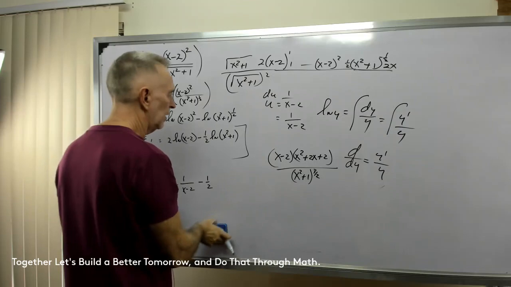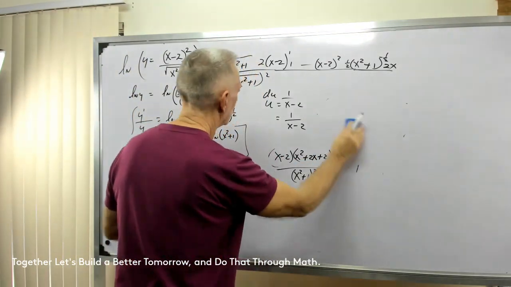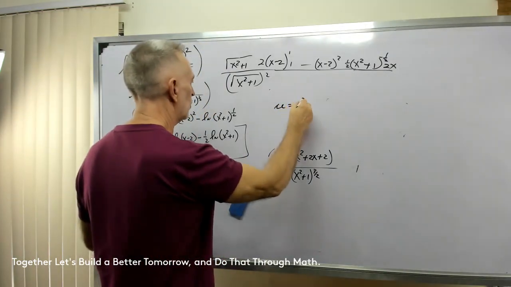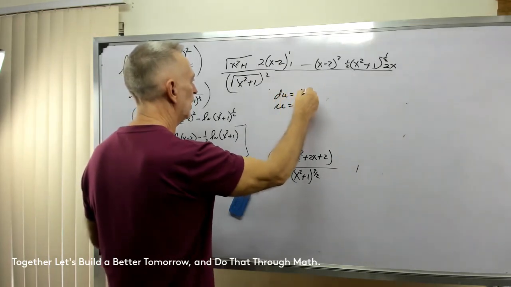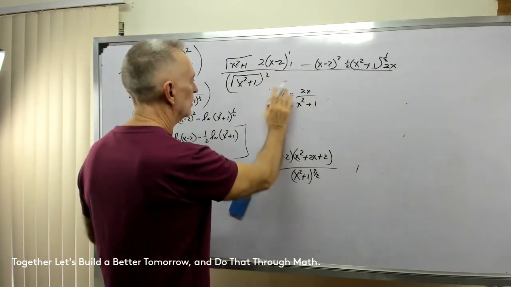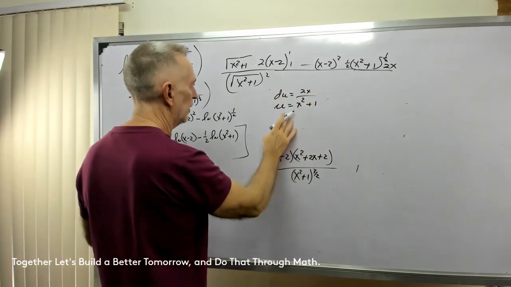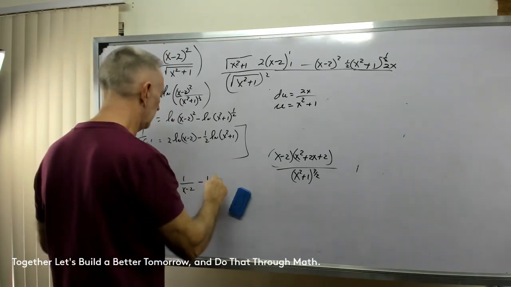Same scenario here. I have u equals x squared plus 1, du equals 2x. If I take the derivative, the integral drops away, and I'm left with 2x over x squared plus 1.